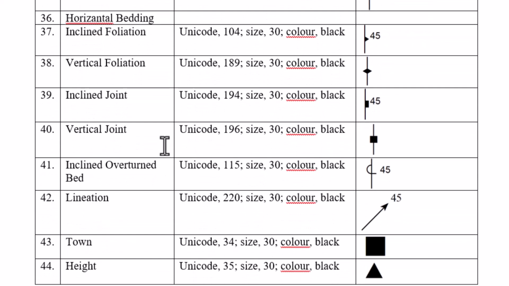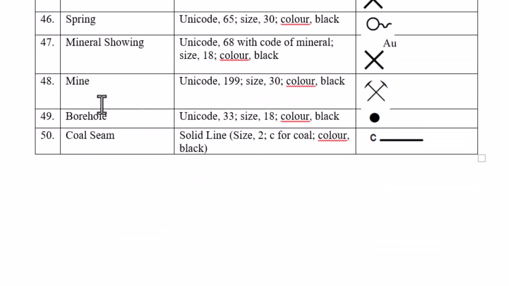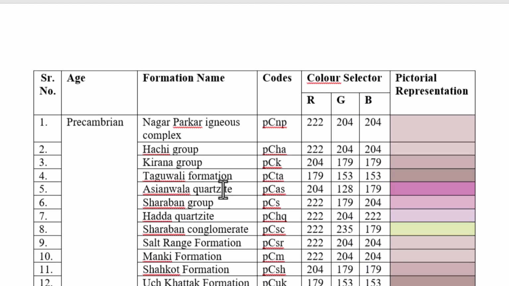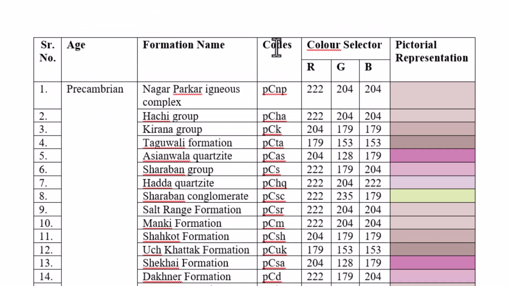Vertical joints, inclined joints, everything is available here. Mines can be symbolized with this symbol. And these are the formation codes, or we can say the abbreviations. And this is the age for the formation.